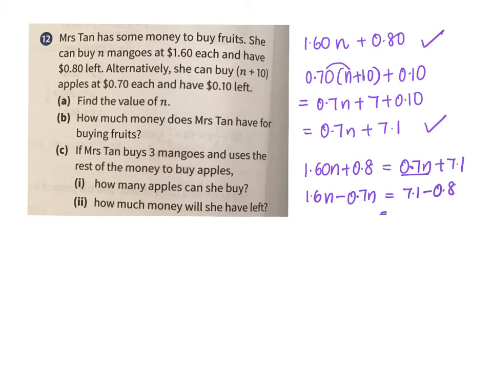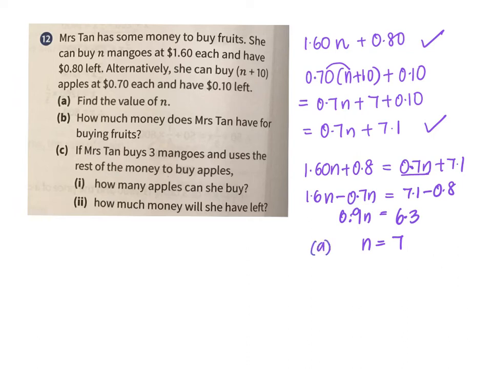That gives me a total of 0.9N to be equal to 6.3, and N will be equal to 6.3 divided by 0.9. That gives me 7. So therefore the value of N is 7.